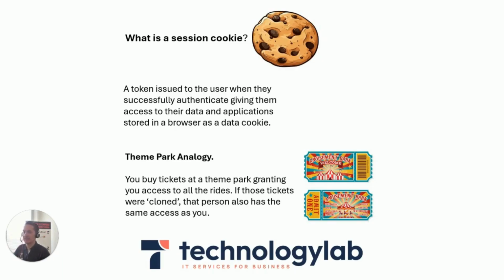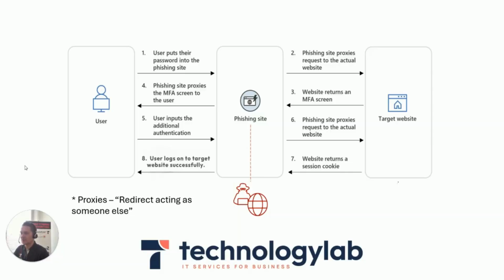Now, to use an analogy, we'll use the theme park analogy. If you were to go to a theme park and you went to a kiosk and you purchased some tickets to access the theme park, to access all the rides, you paid with your credit card. If you imagine just before going into that theme park, someone reached into your back pocket and took those tickets out.